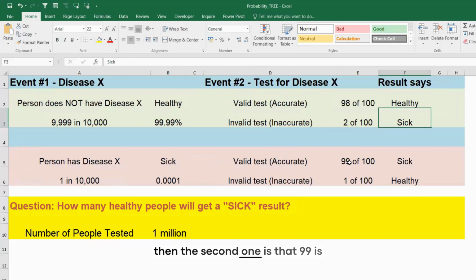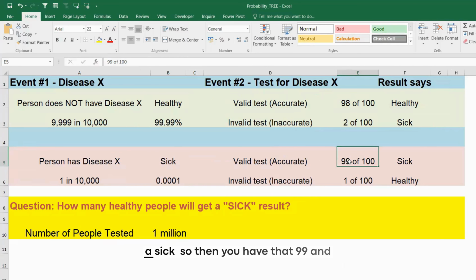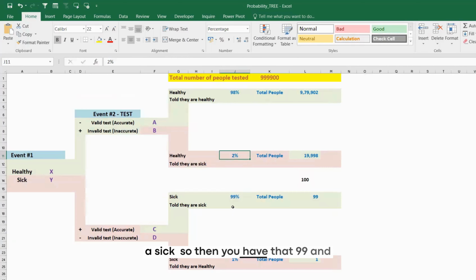And then the second one is that 99 is sick, and then the remaining 1% is healthy. Okay, but they told it is healthy, right? So the remaining one is due to incorrect report. Here the margin of error is 2, here the margin of error is 1.